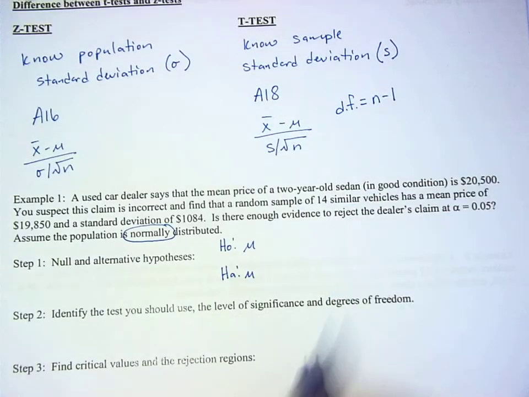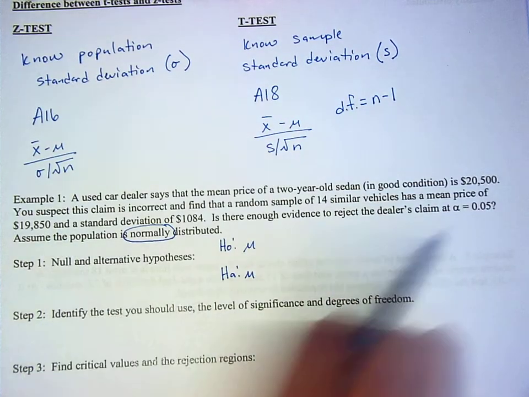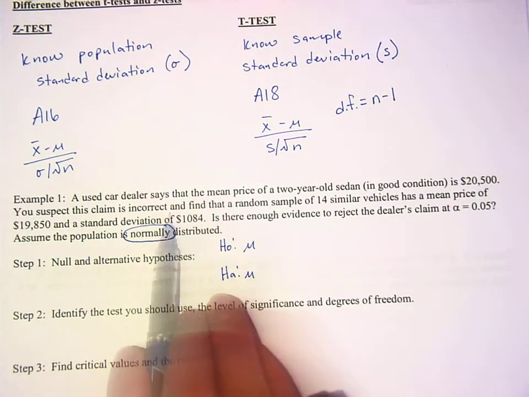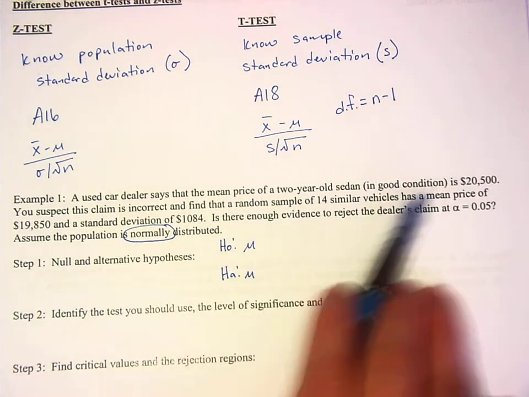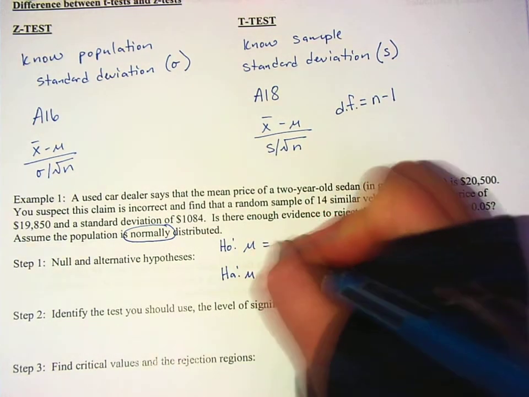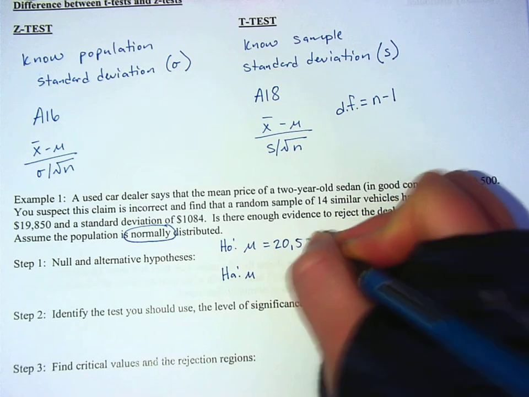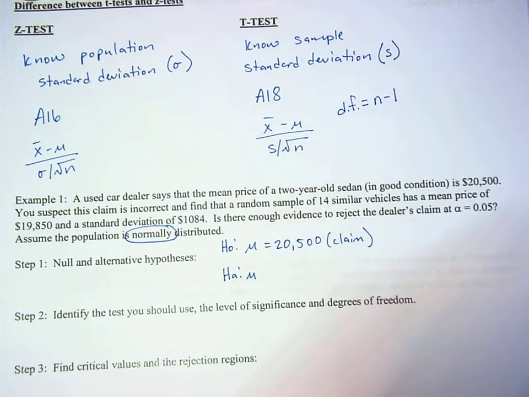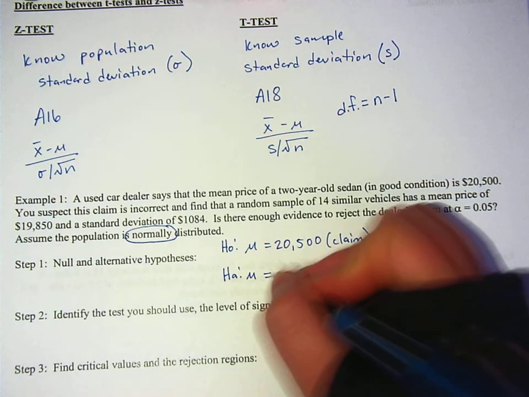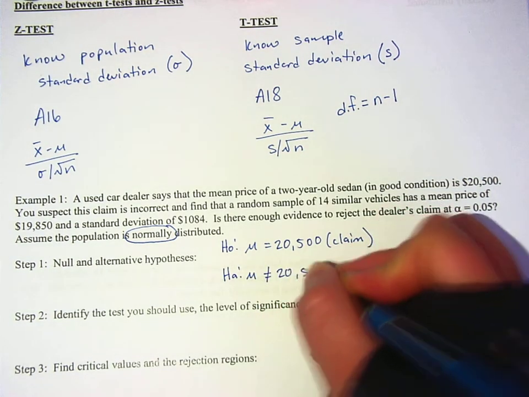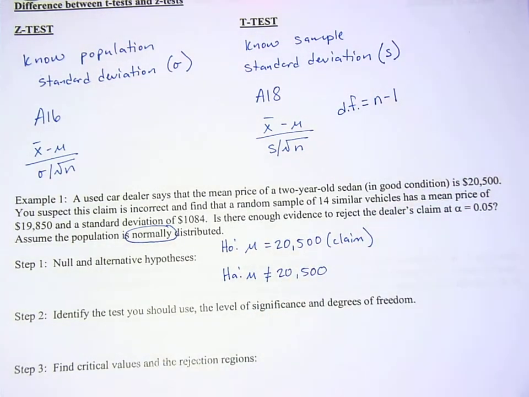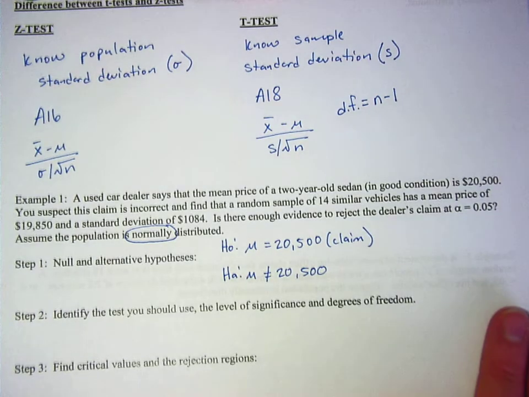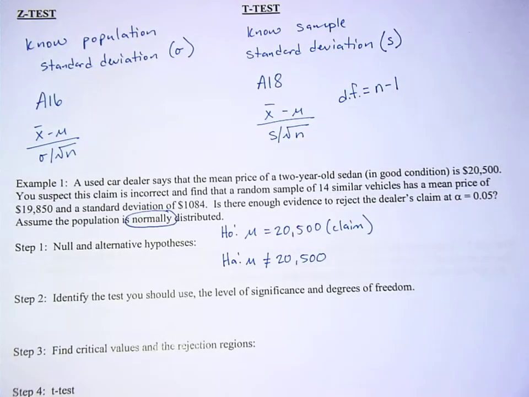All right, so mu is, let's see, this is their claim. They claim that the mean price is $20,500. This is their claim. Alternative is that it's not equal to. All right, what test should we use?